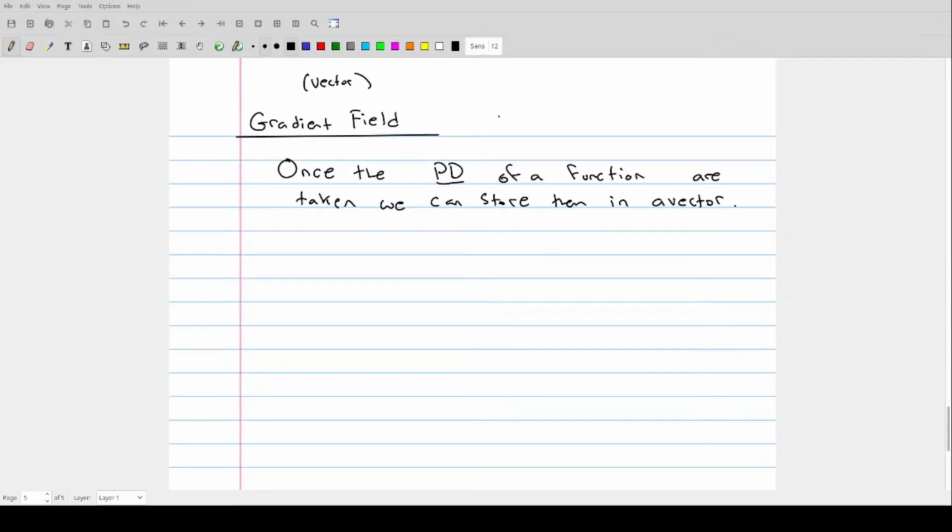And the gradient vector has the following notation. We use an upside down triangle to denote the gradient vector, and we put it to the left of the function that we're taking the gradient vector of.